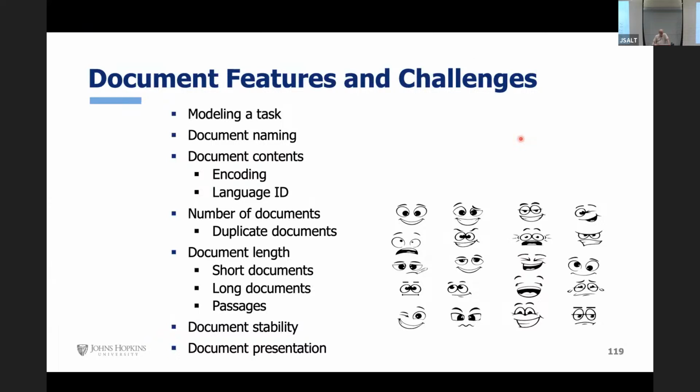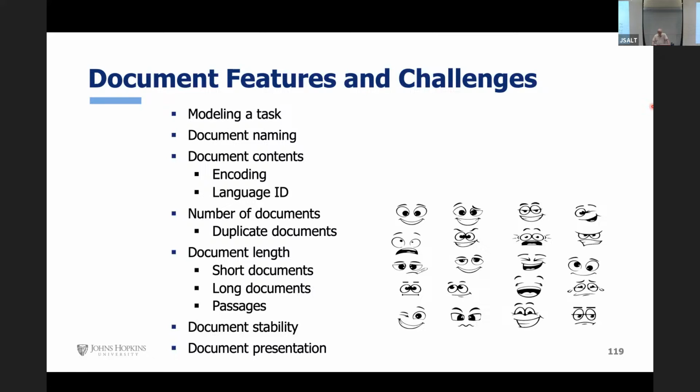There are lots of challenges with documents, lots of features of documents that make retrieval interesting or difficult. Presumably you're modeling some task, right? You actually have a user. You've tried to keep them behind the curtain, but they keep sticking their nose out. They have some tasks they're trying to do.